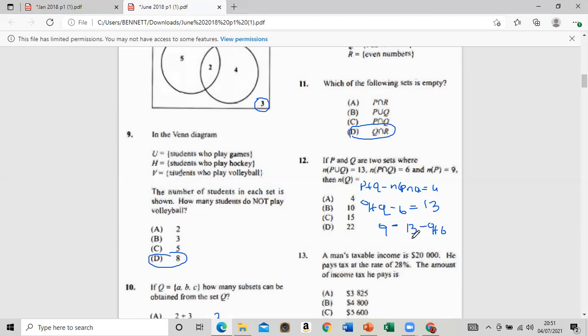No, 13 minus that 9 plus 6. So that is equal to 10. We're gonna finish it, guys. Alright. They gave us the intersection to be 6. So 4 is the answer.